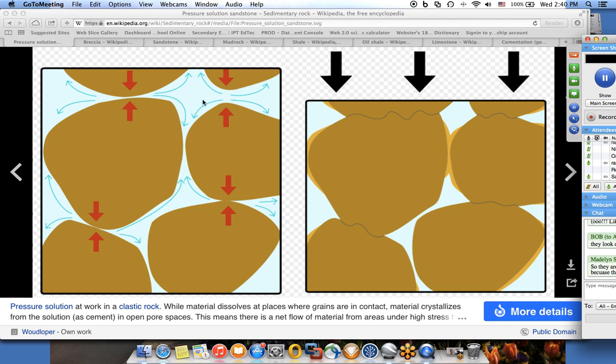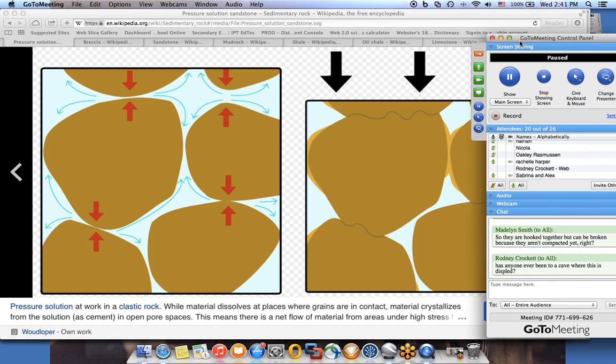There is a lot of space between the particles. Usually there is pressure building up because there are more particles on top. These arrows indicate pressure building up between the particles, and so the particles are being squished together.